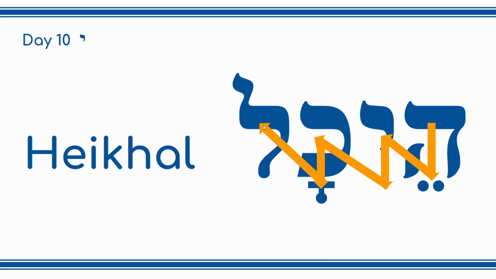And then you look to the next letter, you get an l sound because it's just the lamed here. So you go hey, chal, hey-chal. It may be difficult at first to combine the sounds, but you'll get used to it over time. So this word is heichal.